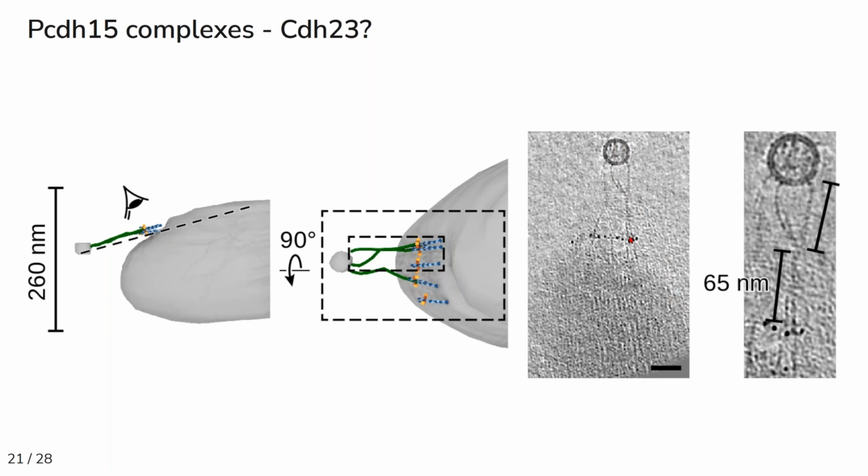This length, and the fact that it binds to protocadherin-15, is very consistent with the idea that these are cadherin-23, and that this originally was a tip link, but during the sample preparation the two stereocilia became separated, and one side had to give, so the lower end of cadherin-23 was pulled out of the other stereocilium. And again, you can see here that there are multiple copies of protocadherin-15 and multiple copies of cadherin-23 that formed this link.